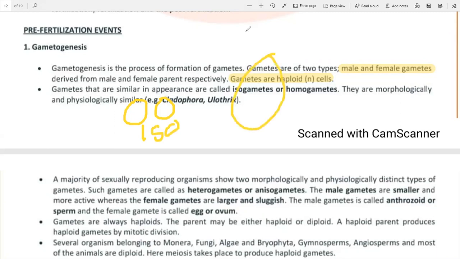But if I make it like this, suppose purple is male and this is female, these are anisogamy, anisogametes or heterogametes, whereas the first example is isogamete or homogametes. So this was the basic difference.